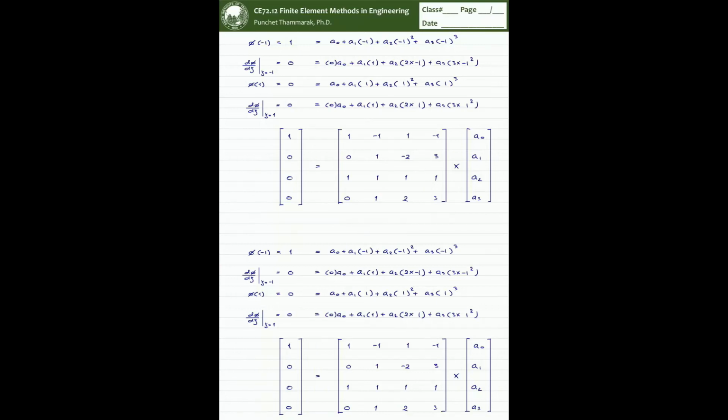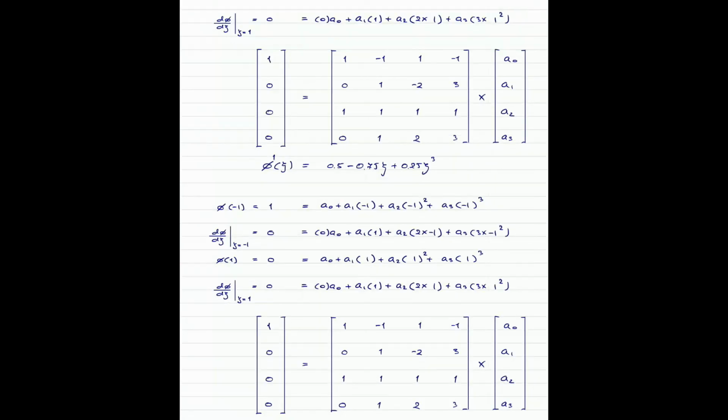This whole thing, you just change the boundary condition. Just that. You copy the whole thing down.